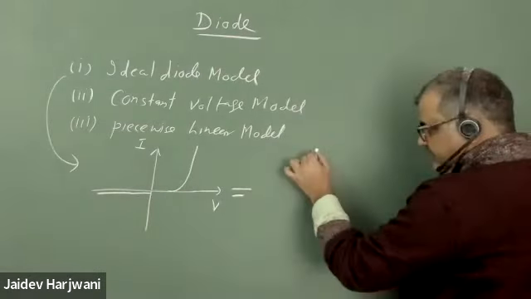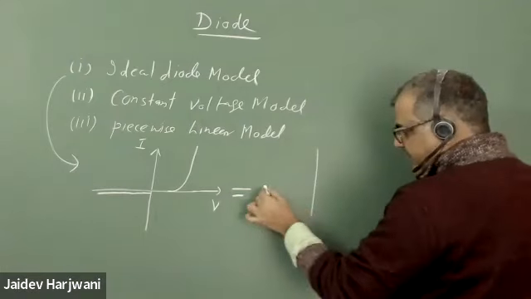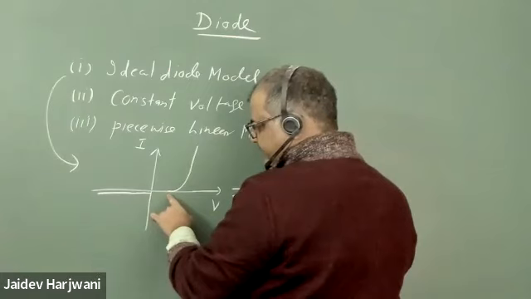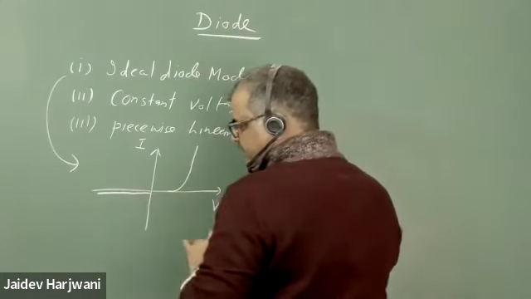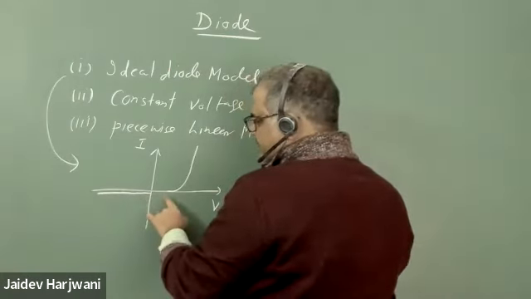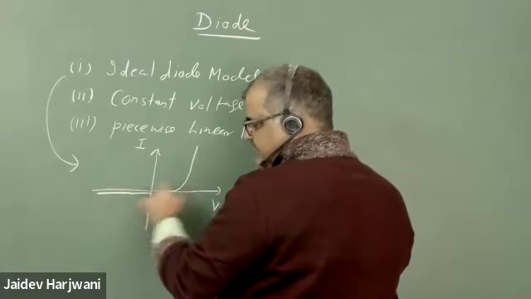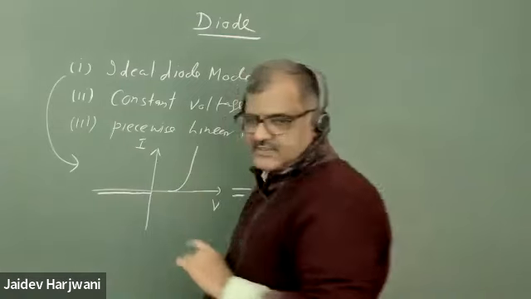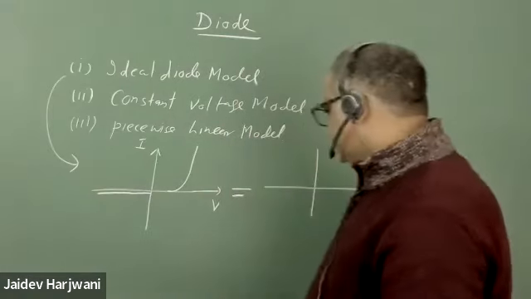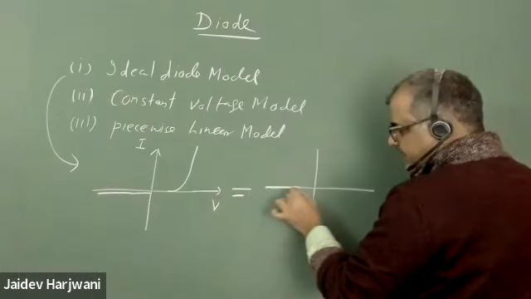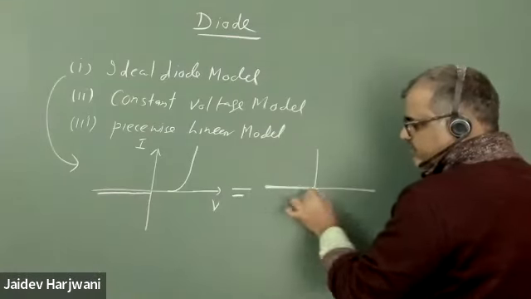If I want to approximate in the ideal diode model, what I can do: this is the cutoff voltage, and this is your reverse saturation current. Now I know in forward bias there is a very high current in comparison to reverse bias, so I can neglect this current. I can assume that when you apply any reverse bias to a diode, no current flows through the diode.